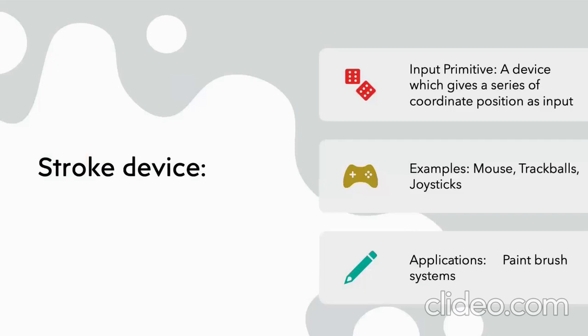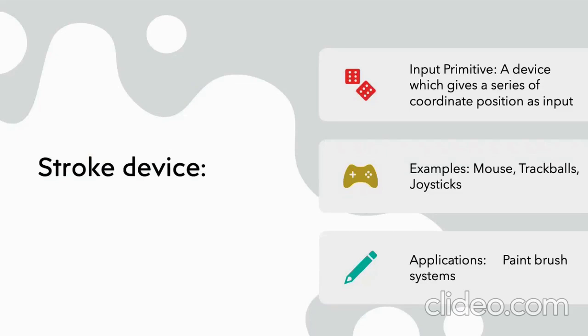And coming to the stroke device, these are used to input a sequence of coordinate positions. Here, multiple calls to a locator device are equivalent to a stroke device input. The sections are frequently displayed using the set of input points we take.